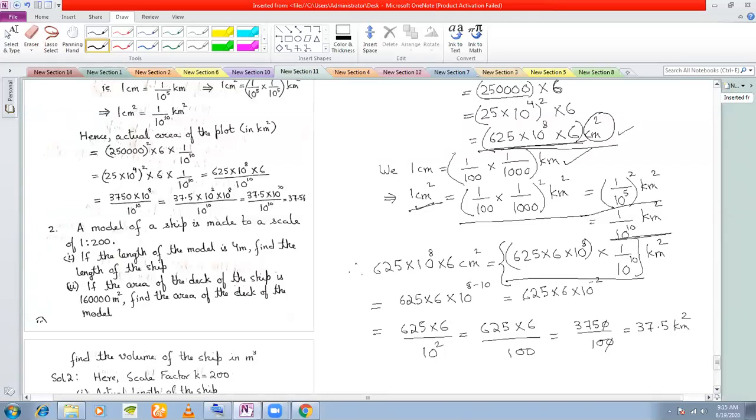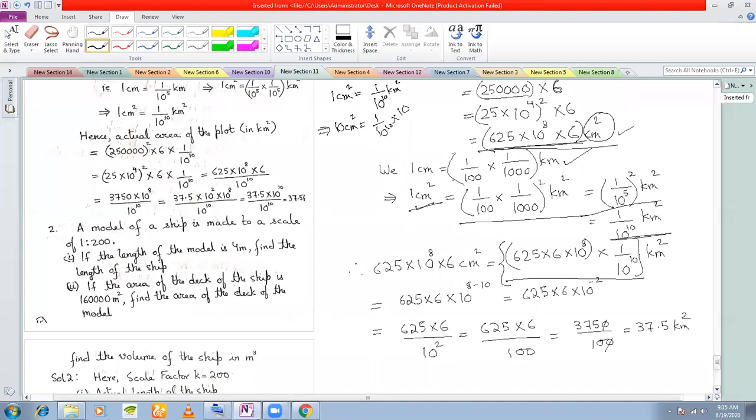I didn't understand this part. If 1 centimeter square is equal to 1 by 10 to the power of 10 kilometer square, right? Then how much is 10 centimeter square? 1 by 10 to the power of 10 into 10, right or wrong? That is what I have done. Yes.